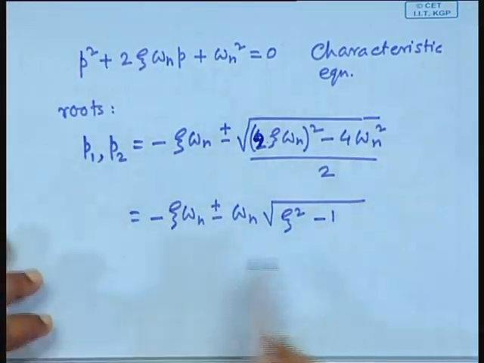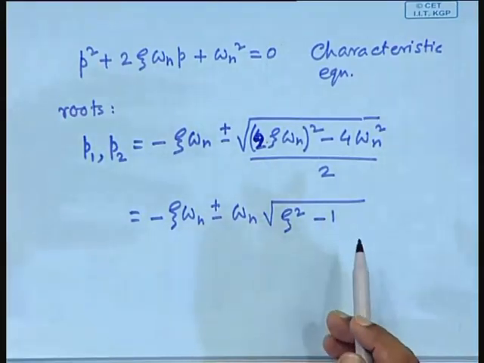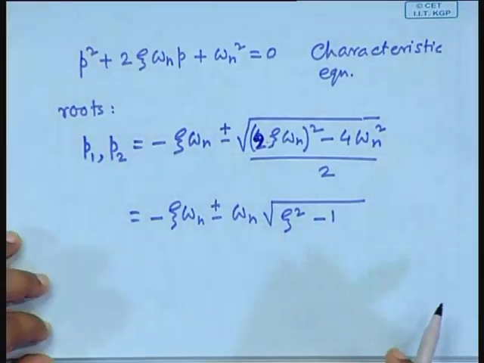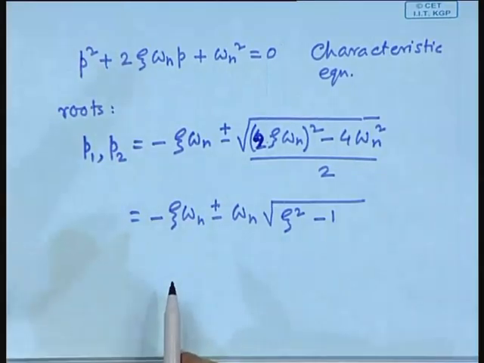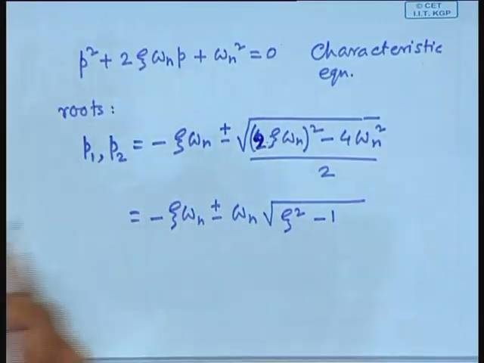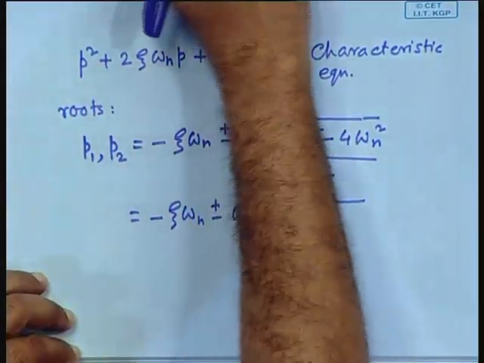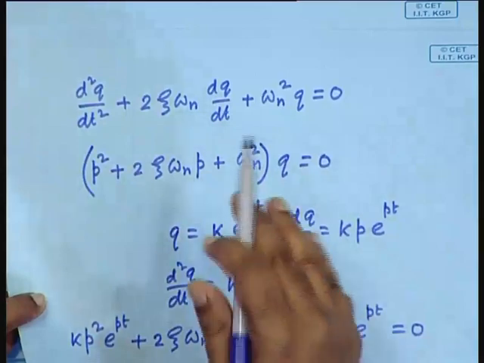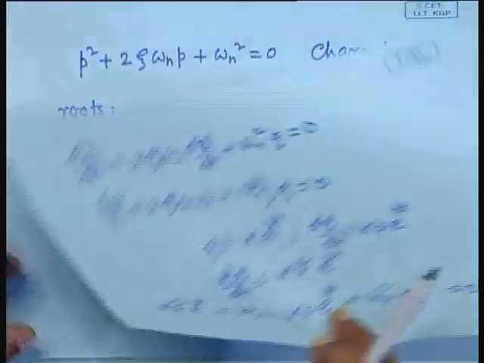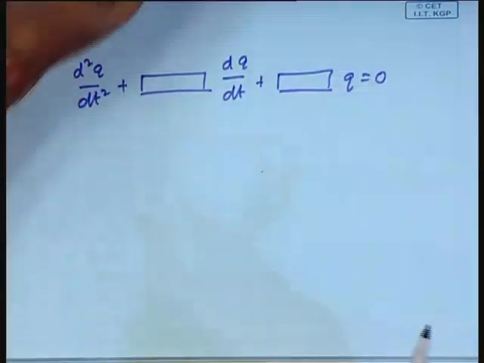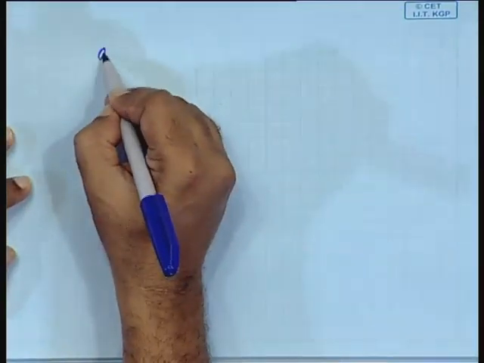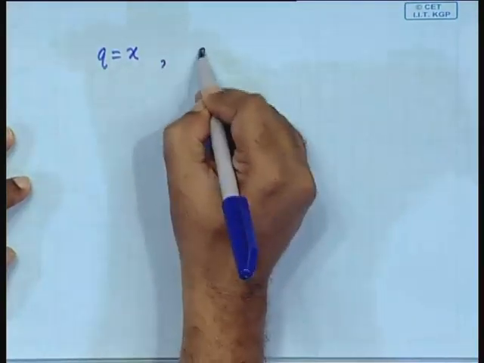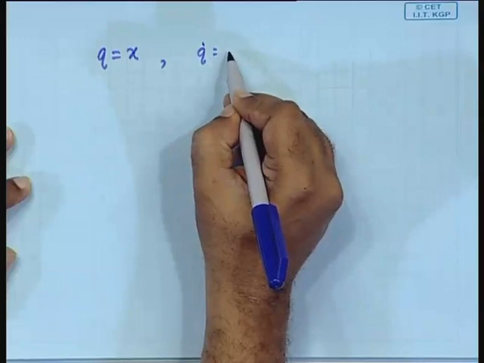First, let us try to obtain the solution of these equations in terms of what we already know. What we already know? We know how to obtain the solutions for first order differential equations. So, we will make the similarity. So, from this let us obtain the equivalent first order definition, because that is what we already know. How do you obtain this? That can be obtained by assuming q is equal to x and q dot is equal to y.